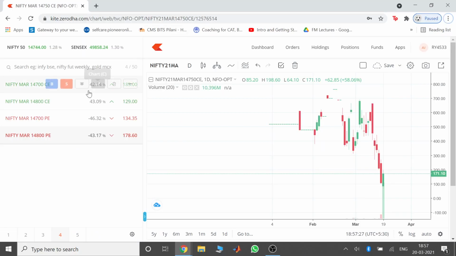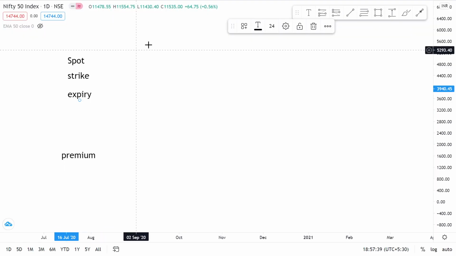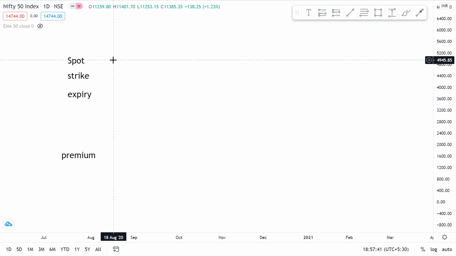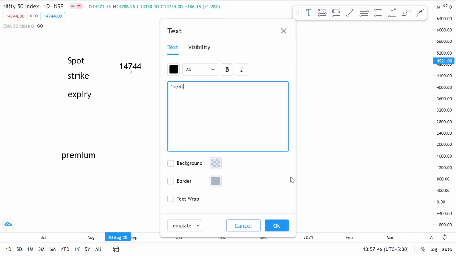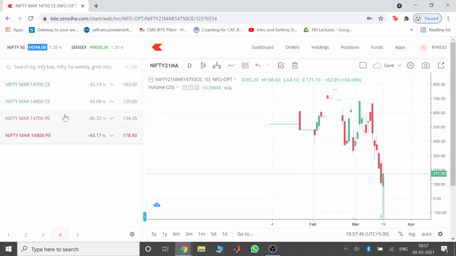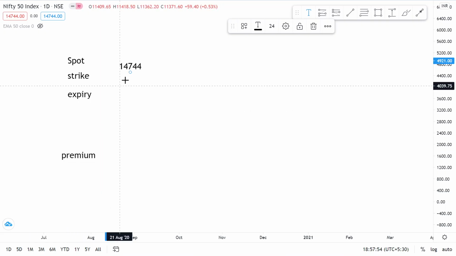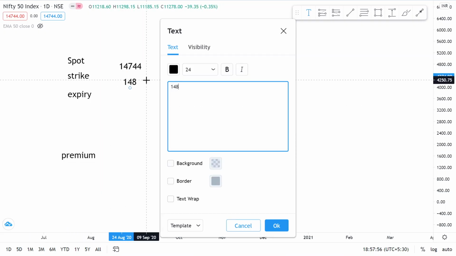Now the example for this, let us take the 14,800 put option. Now the 14,800 put option, the spot price is again the Nifty value of 14,744, same 14,744. The strike price is the 14,800 PE right here, the bottom one we are considering. So the strike price would be 14,800.